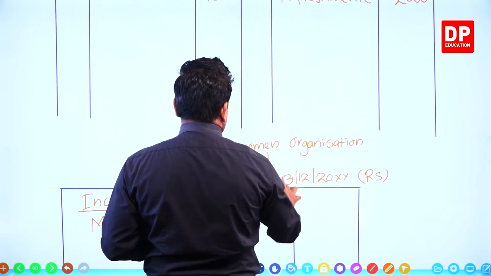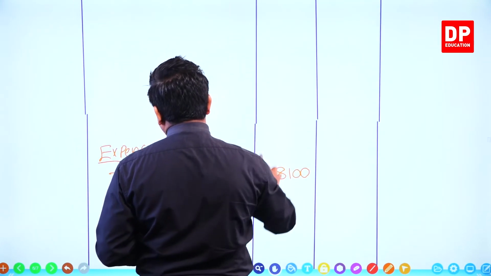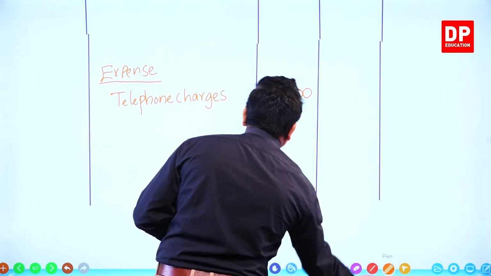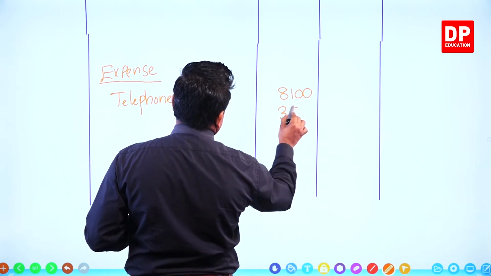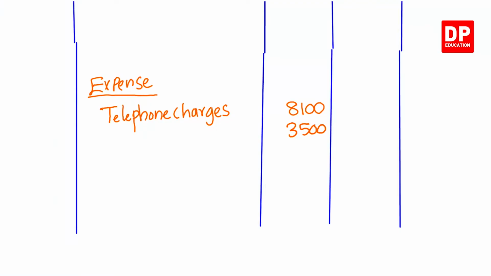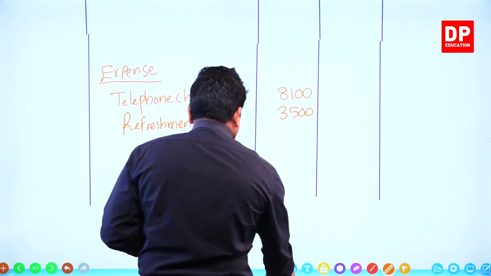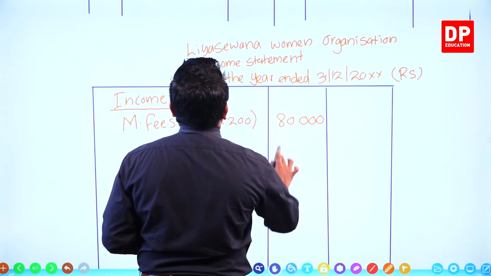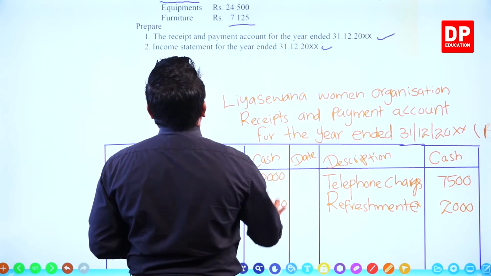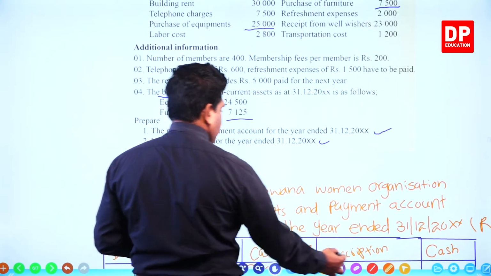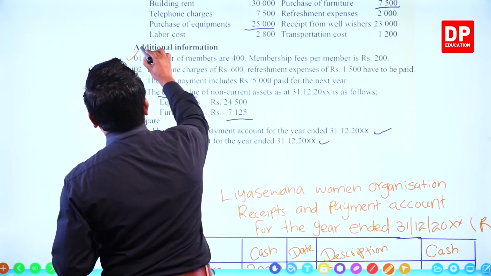Then you add these two, it is 3,500, right? 3,500 you put here. Remember this, everyone do with me, right? Then, okay. Next one. Now we finish the first one and the second one.